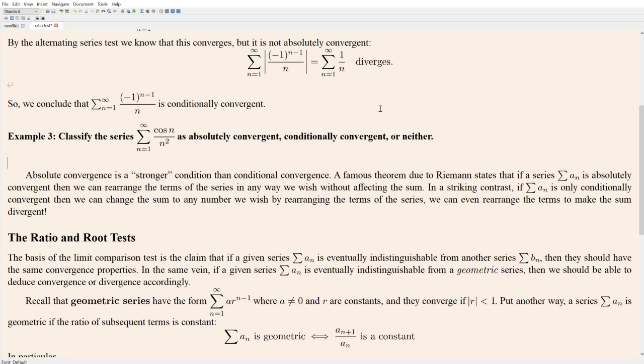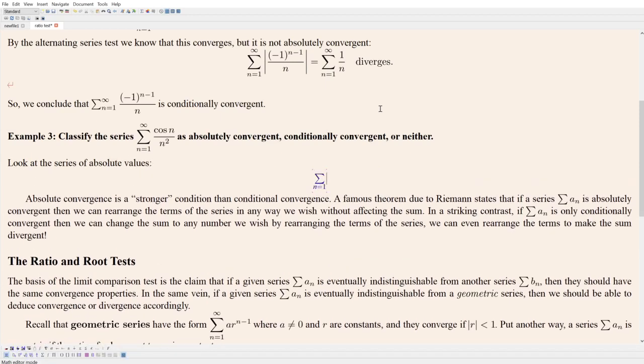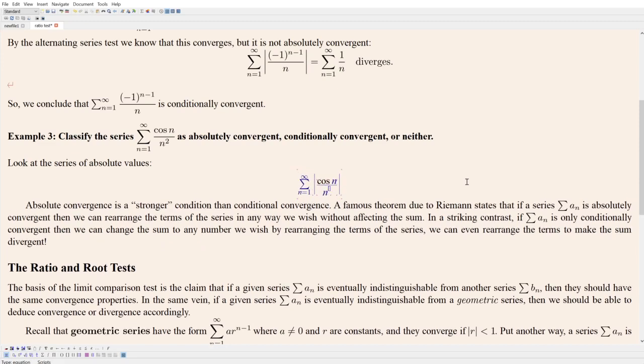So, to see if this is absolutely convergent, let's look at the series of absolute values. Okay.